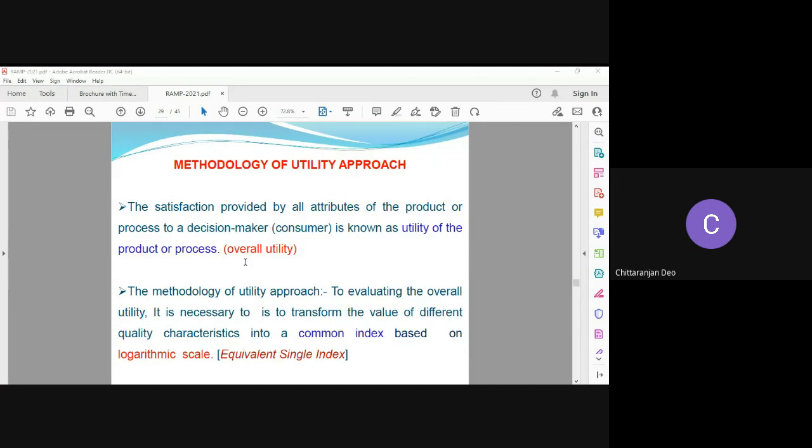The methodology of the utility approach is based on the satisfaction provided by all attributes of the product or the process to a decision maker. To evaluate the overall utility, it is necessary to transform the values of different quality characteristics into a common index based on a logarithmic scale.